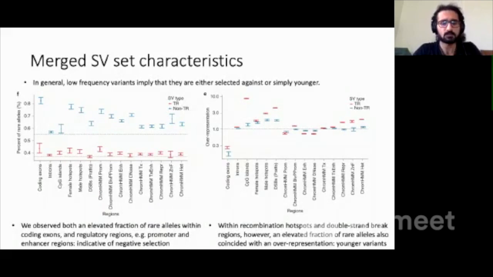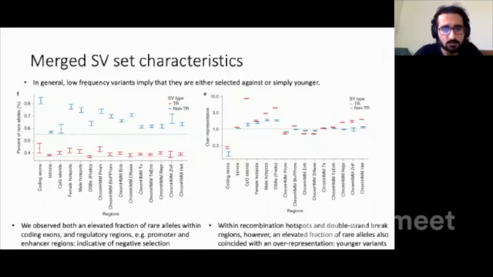We also were curious about where the low-frequency variants were found, and what we can say using them. In general, such variants, rare alleles, rare variants, or low-frequency variants, imply that they're either selected against or they're simply younger. In order to be able to have a say in this, we look at two measures, one being the percent of rare alleles at various regions.